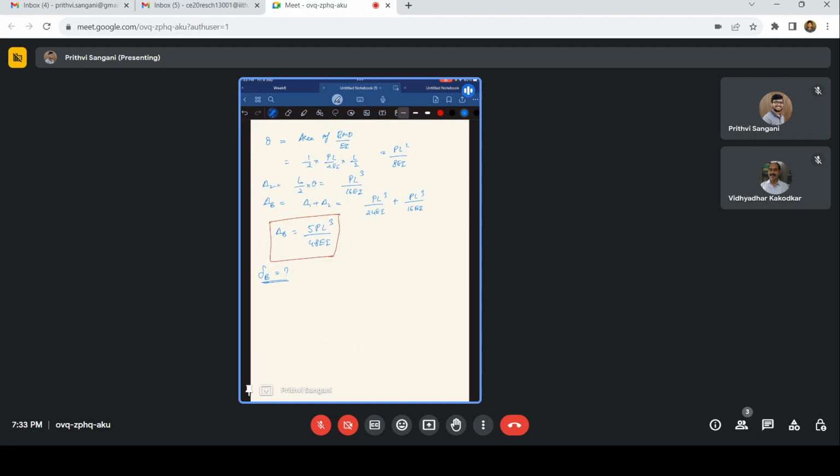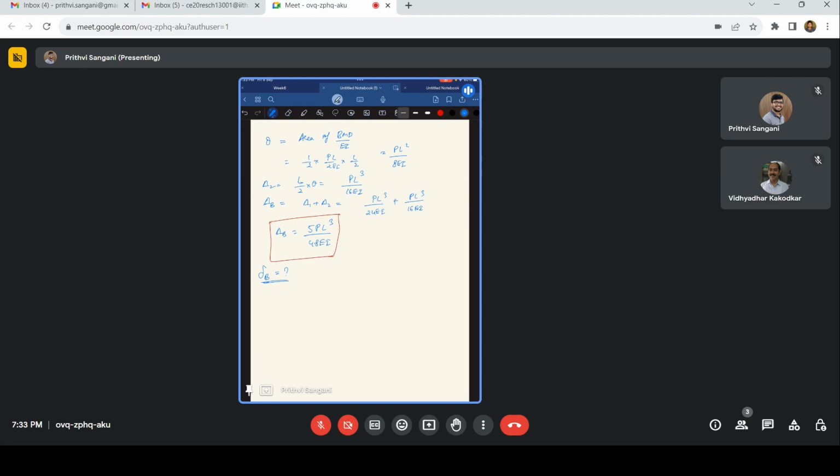The beam is going to bend something like this, with a displacement at C. So delta C is 9477 by EI. Now half of the problem is done.